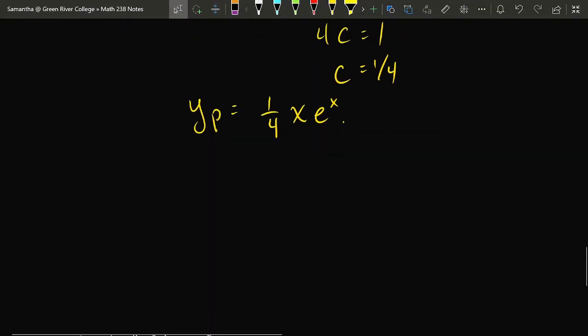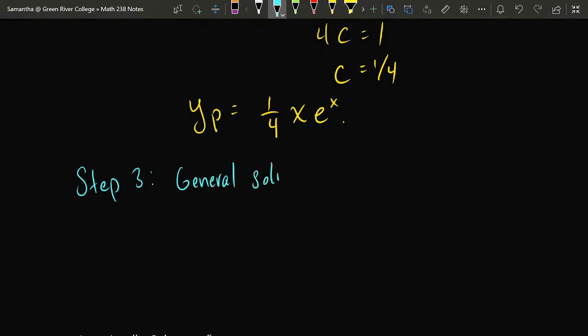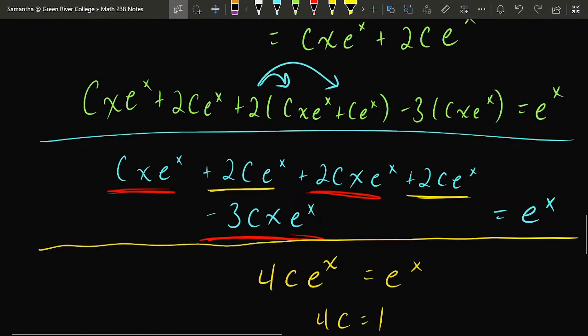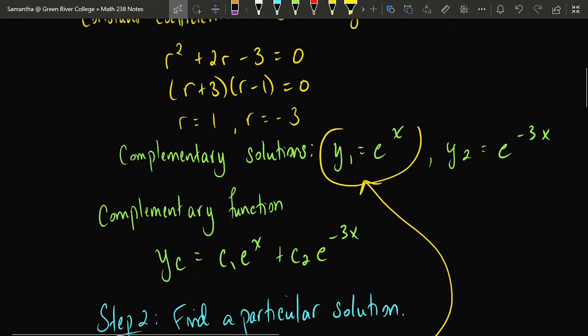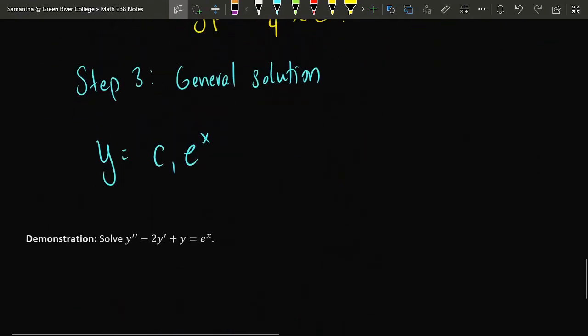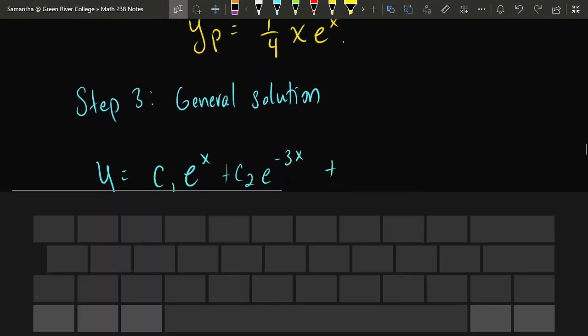And once I've found a particular solution and a complementary solution, I can put them together into the general solution. y is equal to c1 e^x. Let me scroll all the way back up so I can remember what our complementary solution was. The other one was e^(-3x). And then plus the particular solution that we found.